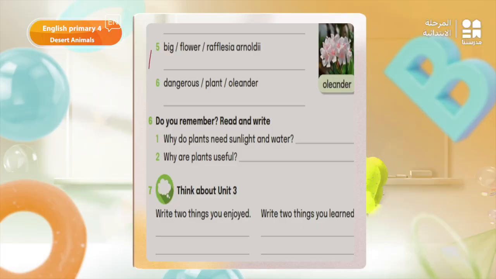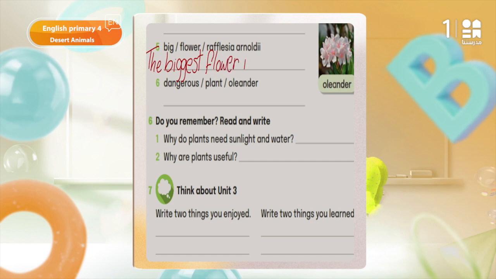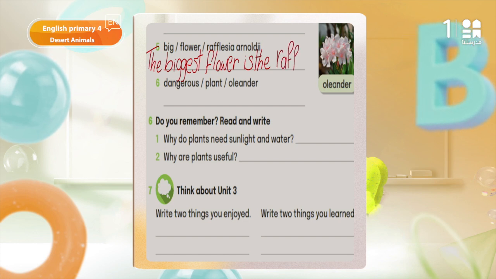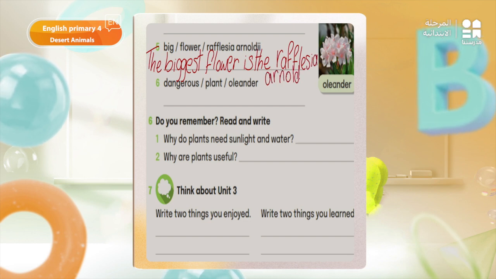The biggest flower is the Rafflesia arnoldii. وارنولدي من الكلمات القليلة اللي بنلاقي فيها double I.